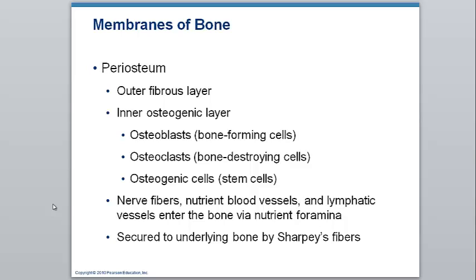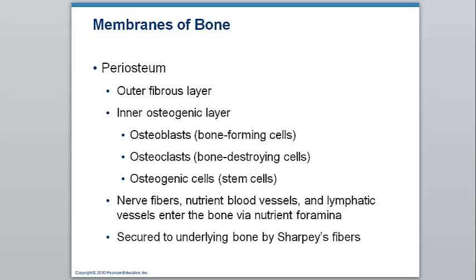Osteoclasts are bone-destroying cells. Why do we have bone-destroying cells? I'll come to it later. Osteoblasts, on the other hand, are bone-forming cells. Please make sure that you keep your suffixes straight. The innermost layer is where all your nerves and blood vessels pierce through and enter your bone. Remember, bone is a live tissue.